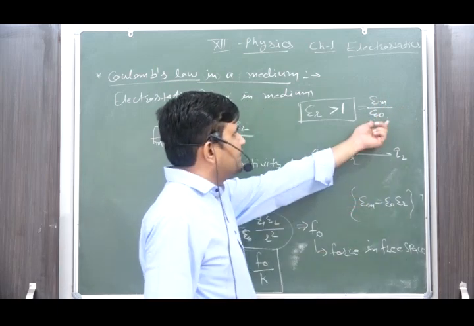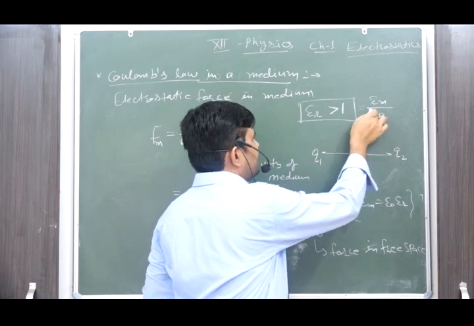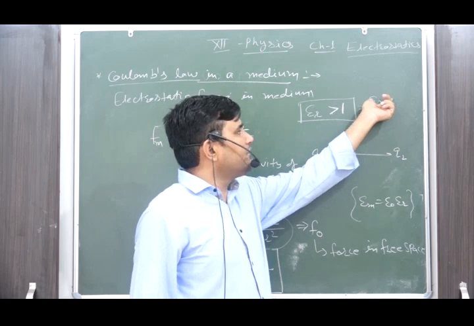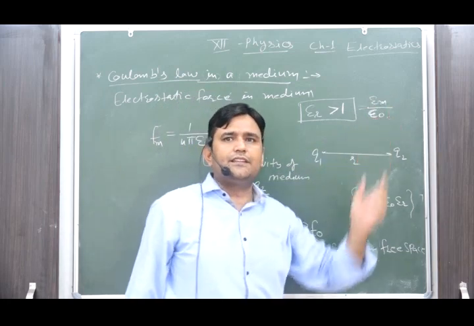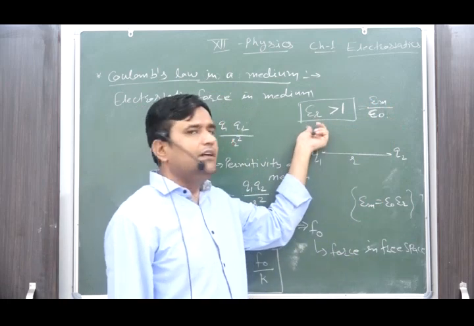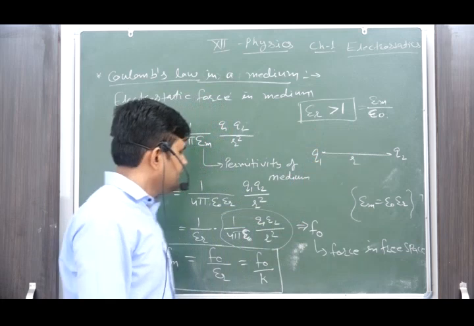Epsilon naught, 8.85 into 10 to power minus 12, is the minimum value of permittivity. That's why the medium permittivity is always greater than the permittivity of free space, and the dielectric constant or relative permittivity is always greater than 1.